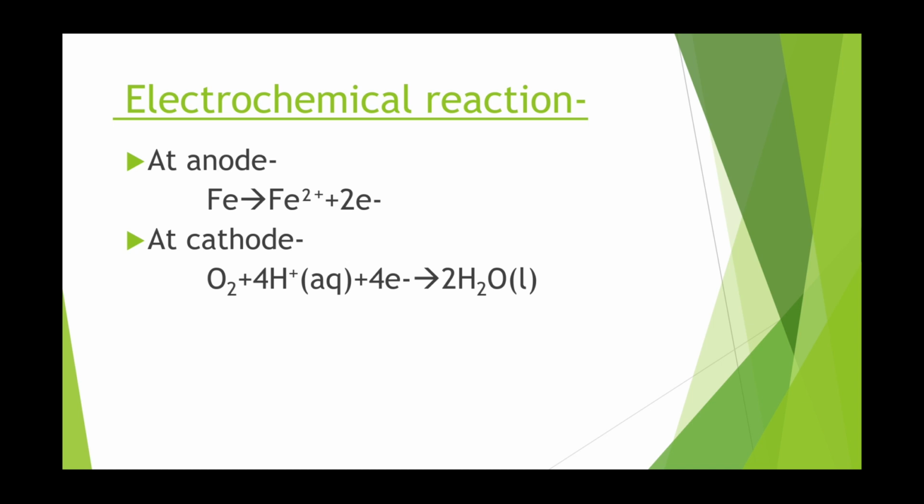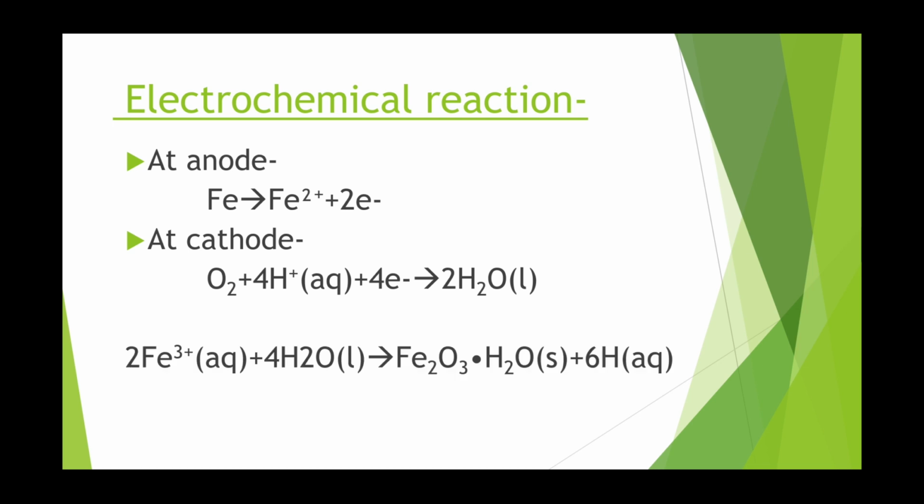Okay. Now when Fe2+ ions migrate from the anode region, they react with water. That is, Fe2+ again reacts with water and further gets oxidized to form the Fe3+ ion. Now, these Fe3+ ions in aqueous condition react with water to form Fe2O3.H2O.